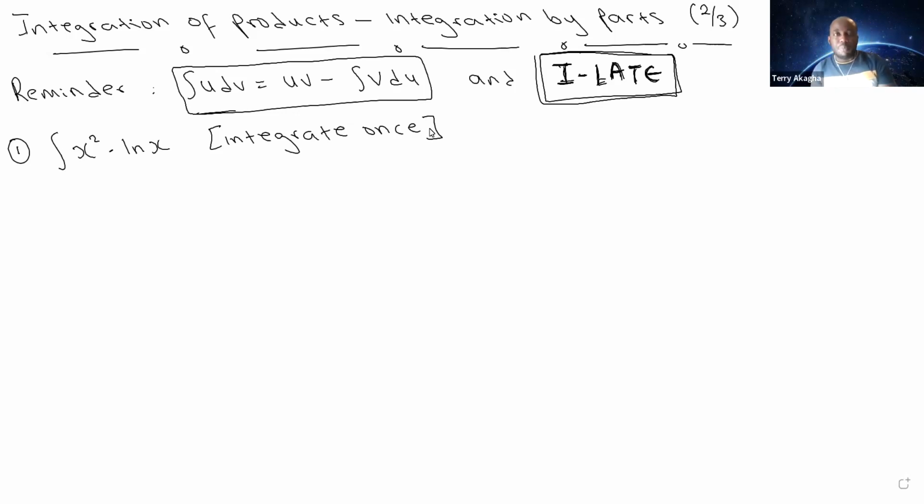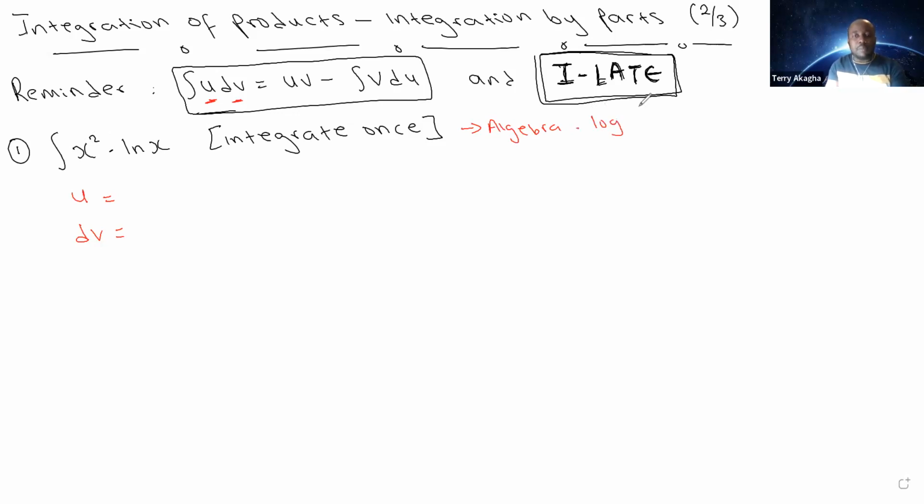The first thing, remember the formula we're using: integrating u dv is equal to uv minus integrating v du. So the question is, which of them is going to be our u and our dv? We have x squared, which is algebra, and ln x, which is a natural logarithm.